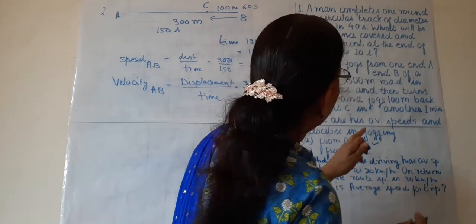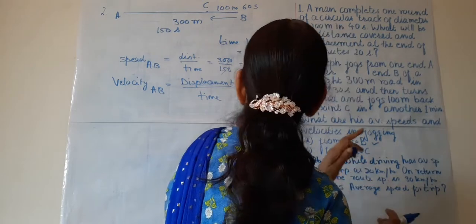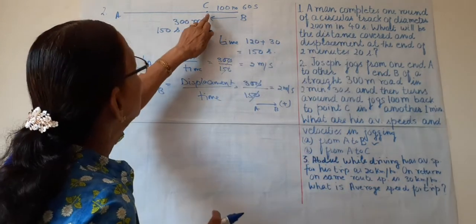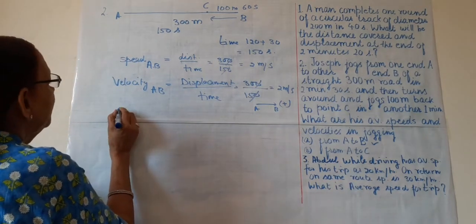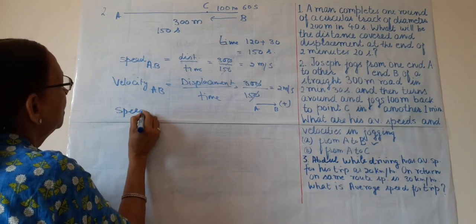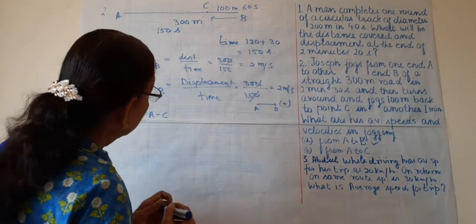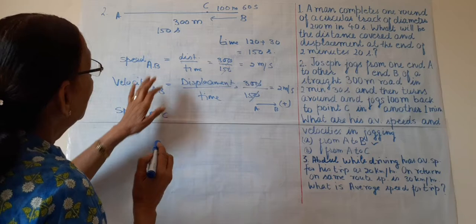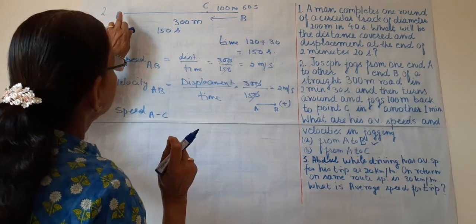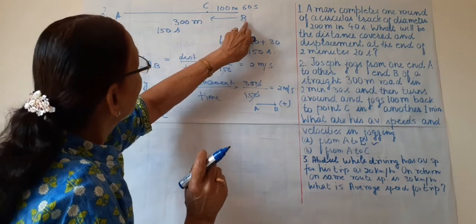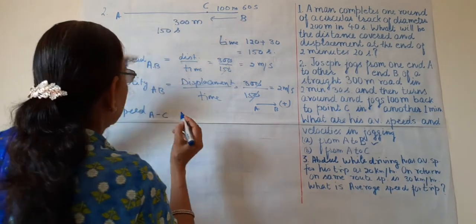Now we have to calculate speeds from A to C. First we will calculate speed from A to C. The total distance covered, he has covered the distance from A to B and again from B to C. So that much distance is covered.